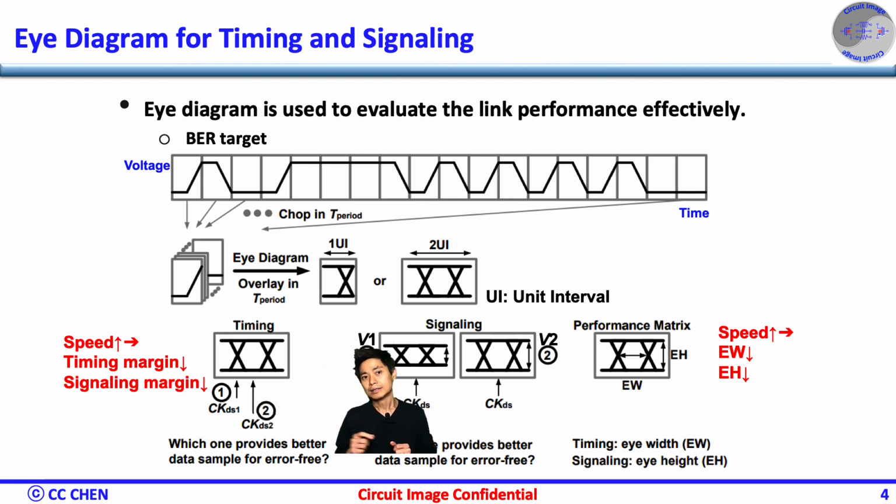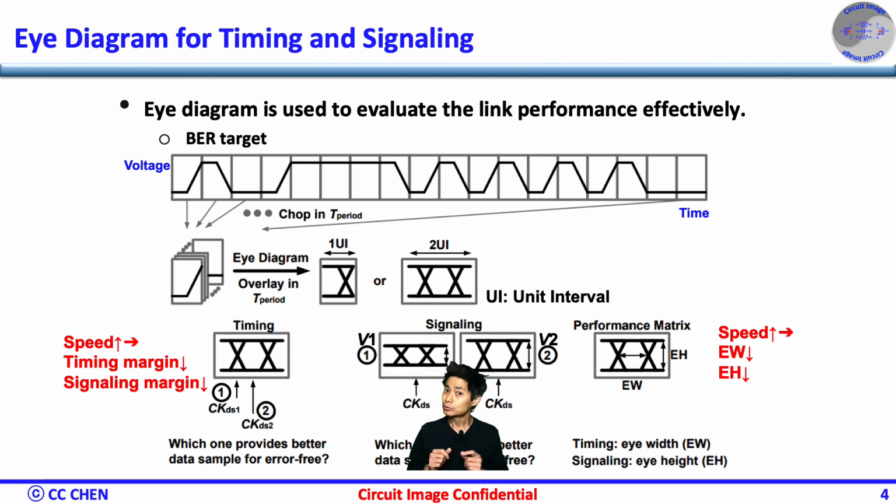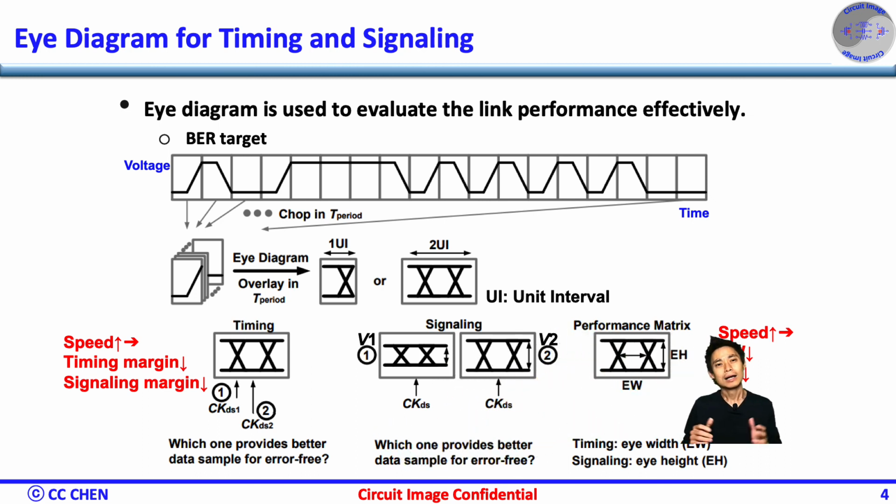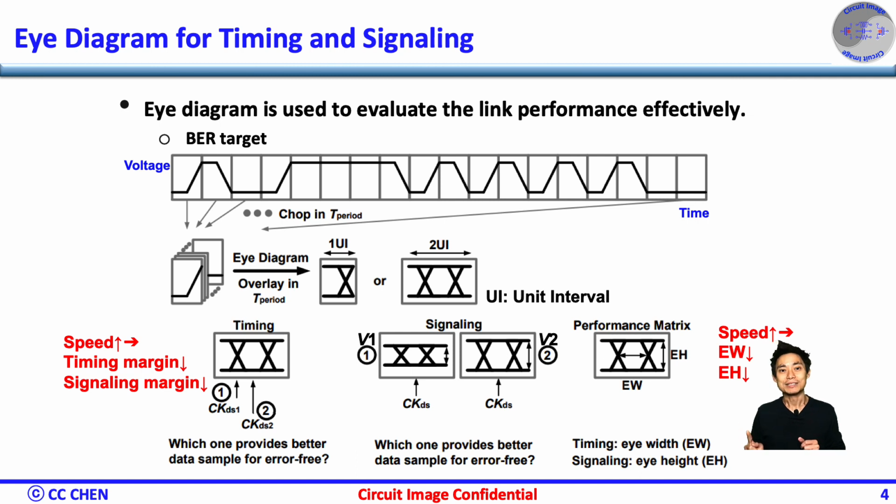On the other hand, the sample voltage 1, VS1, is likely to have less voltage margin than the sample voltage 2, VS2. Unfortunately, as the speed goes up, the channel loss will be higher at the same medium, and the receiver input swing will be smaller for sure.